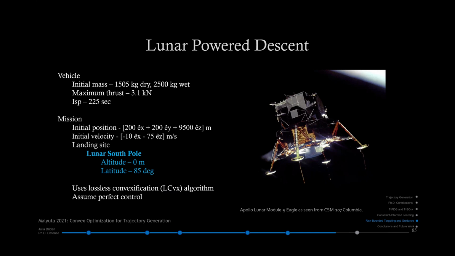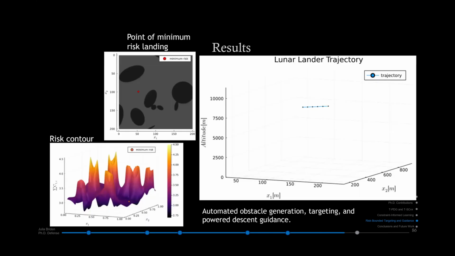So now looking at a lunar power descent guidance problem shown here, where our goal is to land on the lunar south pole, and then using lossless convexification as our algorithm, assuming perfect control. Then we can compute, based on our example landing site set of craters, the risk contours, and then choose the minimum risk landing location.